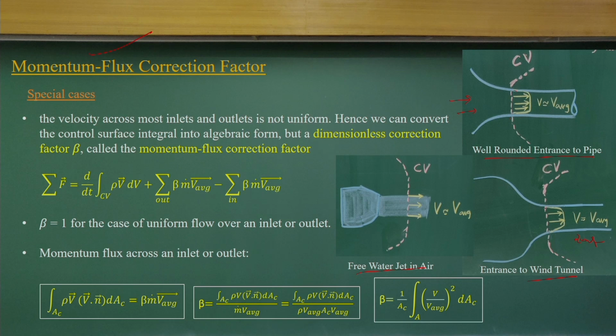Over this control surface the velocity will be 0 at the wall, then a distribution, then coming back. Or you have a free water jet coming into air.